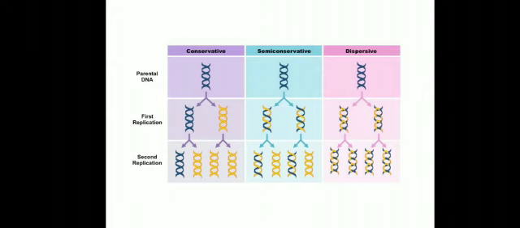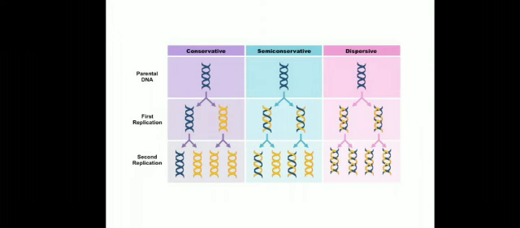Another theory states dispersive replication, where the parental double helix is broken into double-stranded DNA segments, and the segments then reassemble into the complete DNA double helix, each with parental and newly synthesized dsDNA segments interspersed.